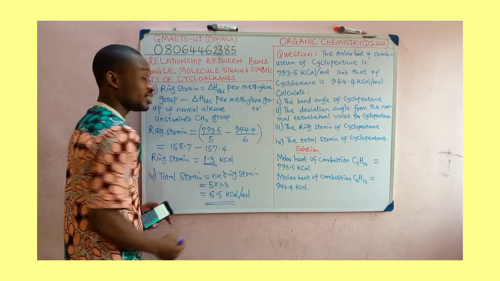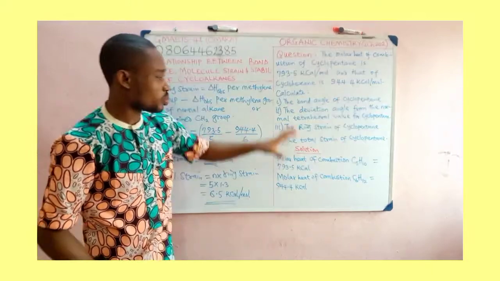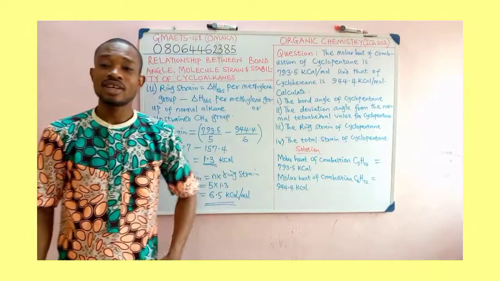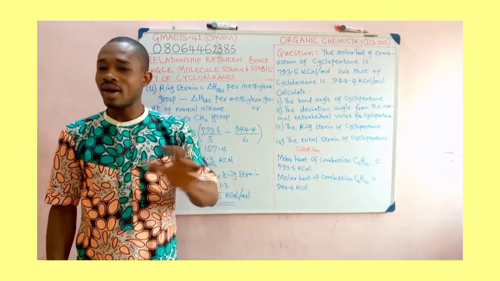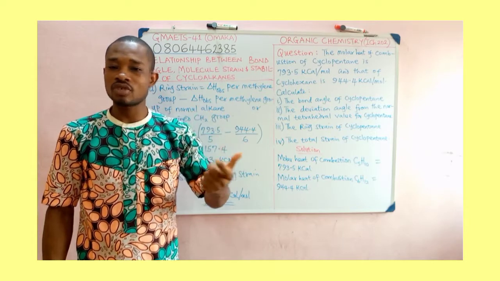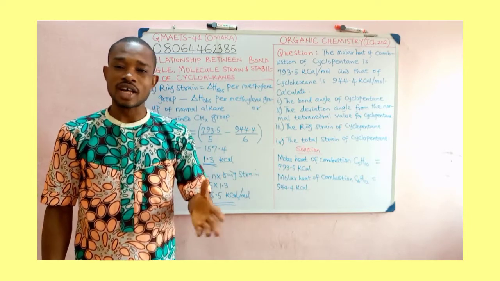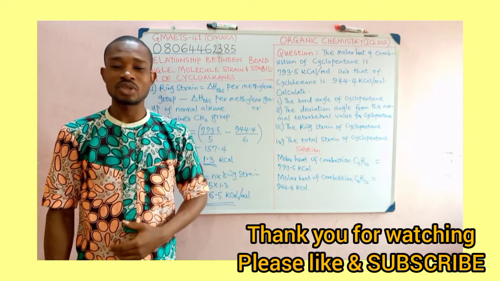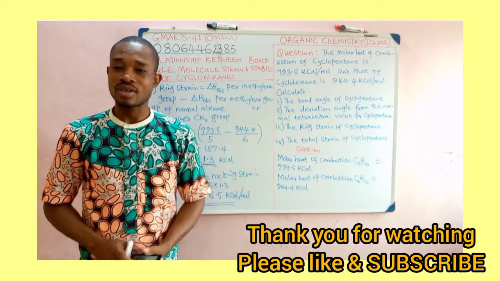So that is the value as expected for this question. And of course, this is how we apply the bond angle formula, the deviation from normal tetrahedral values, and the total strain. This is how we solve the problem.